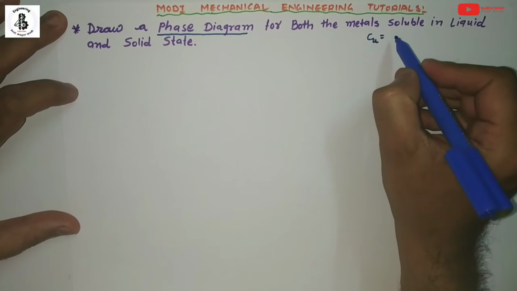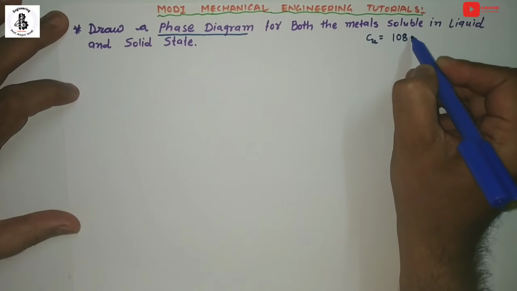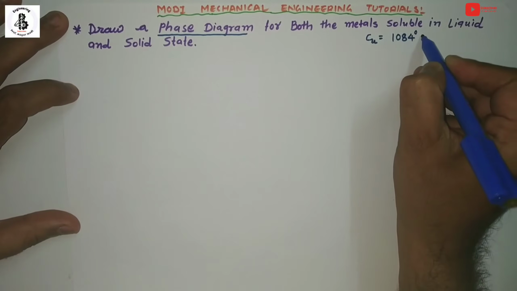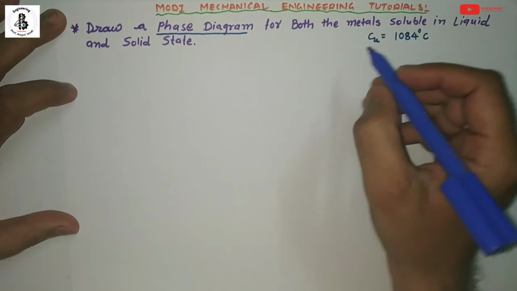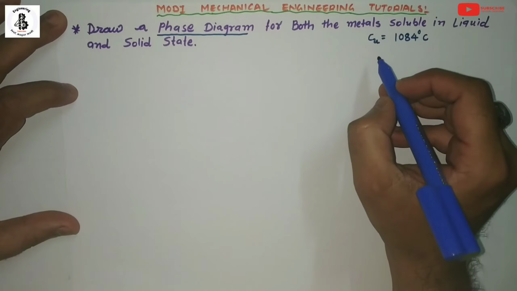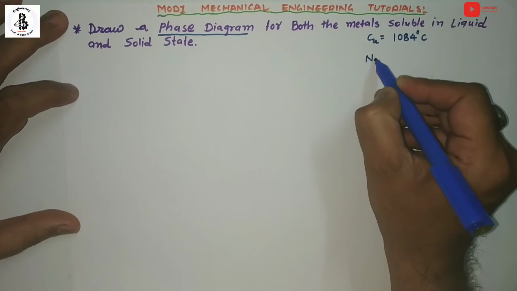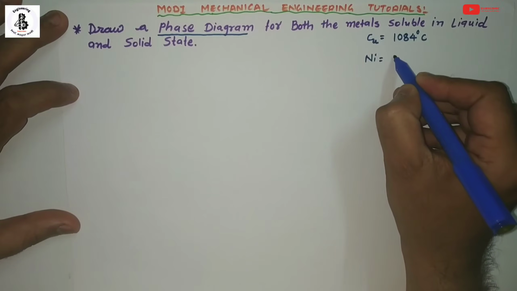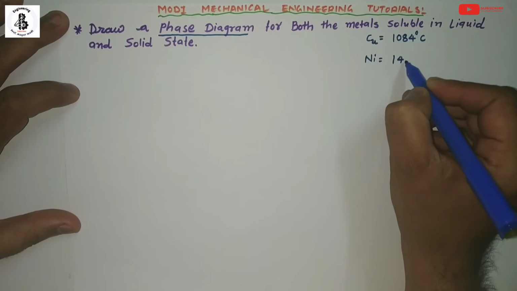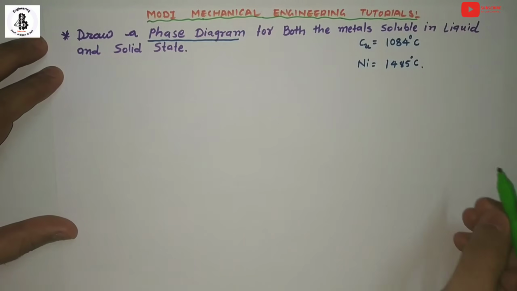Copper has a melting point around 1084 degree centigrade, and another metal, because here we are talking about two metals. One is copper and the second is nickel. Nickel has a melting point around 1485 degree centigrade.